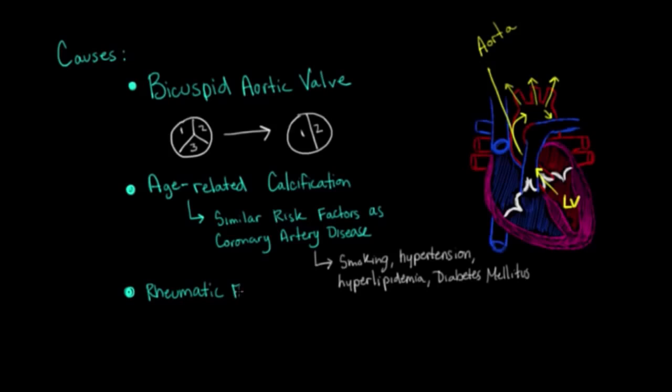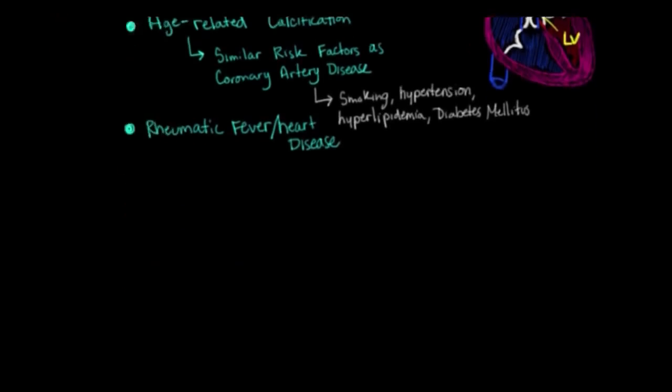Now, another cause of aortic stenosis could be rheumatic fever. Now, generally, the mitral valve is more commonly affected, but the disease process of rheumatic fever and rheumatic heart disease can actually affect the aortic valve as well.